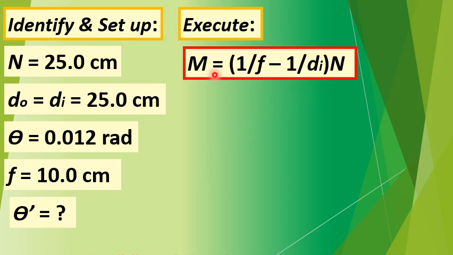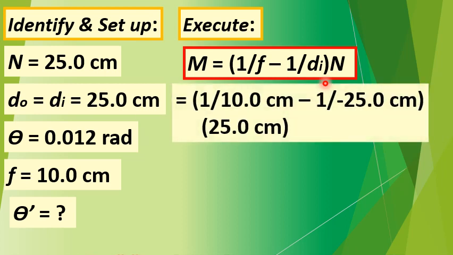The formula simply says that capital M is equal to quantity 1 over f minus 1 over di, to be multiplied by the near point, capital N. Substituting, we get capital M equals quantity 1 over 10.0 centimeters minus 1 over negative 25.0 centimeters, and the difference will be multiplied by the value of the near point, 25.0 centimeters.